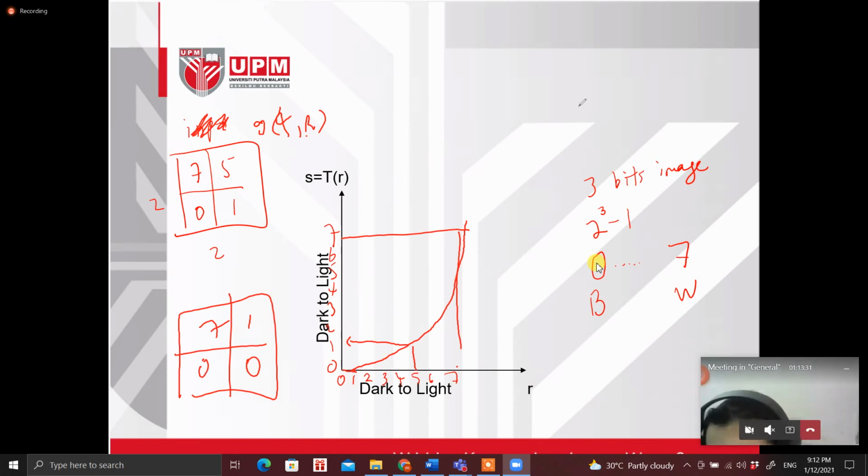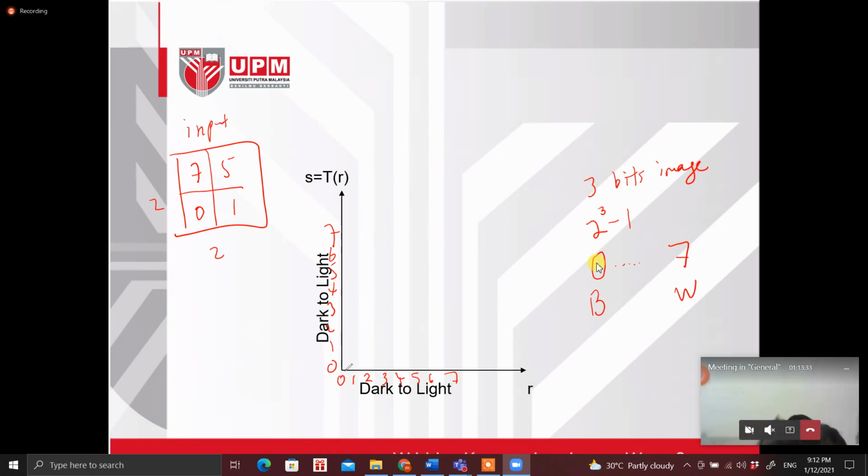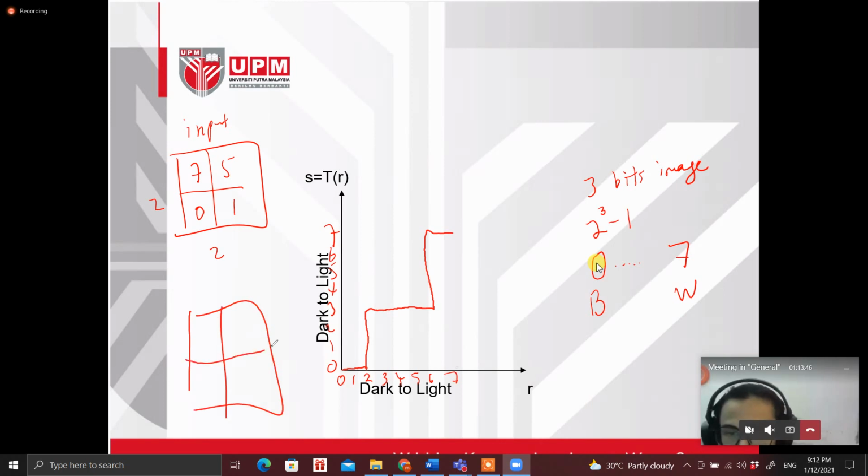Okay, if not, then now imagine that you have a step function, 0, 1, 2, until 6. Anything with 0, you get 0. 1, you get 0. 5, you get 3.